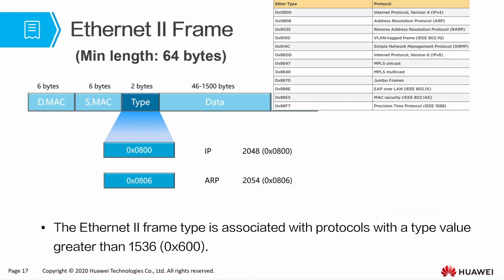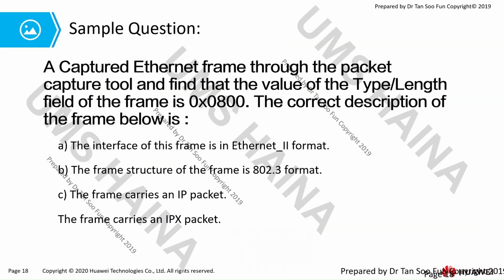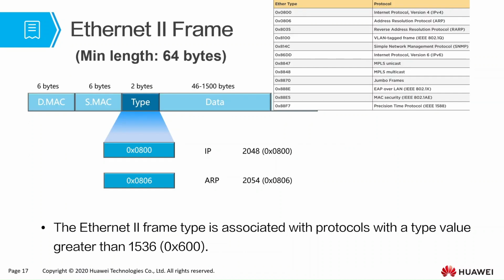So the next one, you are going to look in detail at an example of the Ethernet 2 frames. What you need to remember on this slide, they will always ask you about the protocol here. These two are the famously asked ones. So remember, if the number is 0x0800, it stands for the IP protocol. But if it is 0x0806, it stands for ARP.